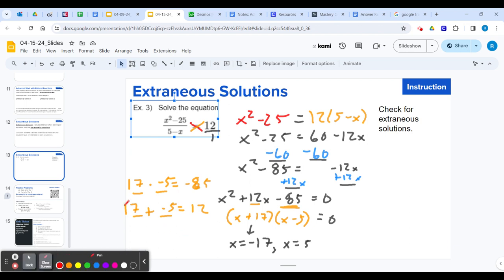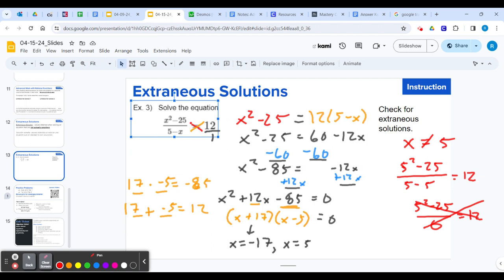So if I'm thinking about checking for extraneous solutions, I look at this equation, x cannot be 5 here, because if we plugged in 5, let's say we did 5 squared minus 25 over 5 minus 5 equals 12, we'd get a situation where we would have 5 squared minus 25 over 0, and we can't divide by 0, right? So that would not work out. X cannot equal 5, so our only solution there, even though we got x equals 5, is x equals negative 17.